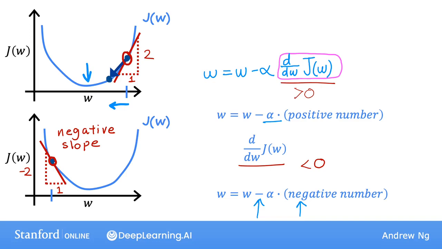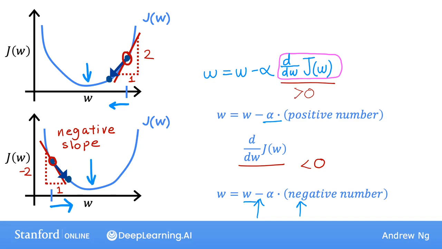Because subtracting a negative number is the same as adding a positive number to w. So this step of gradient descent causes w to increase, which means you're moving to the right of the graph, and your cost j has decreased down to here. And again, it looks like gradient descent is doing something reasonable. It's getting you closer to the minimum.